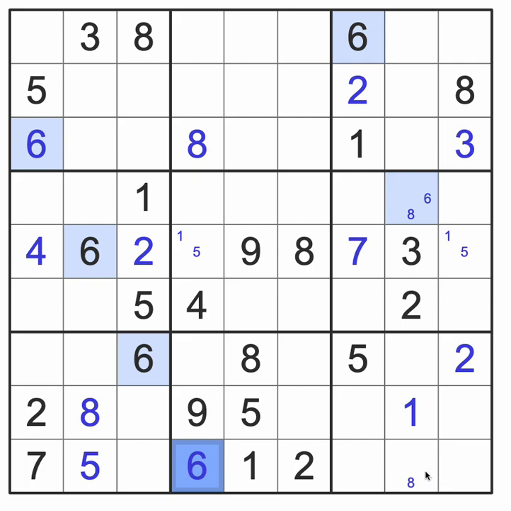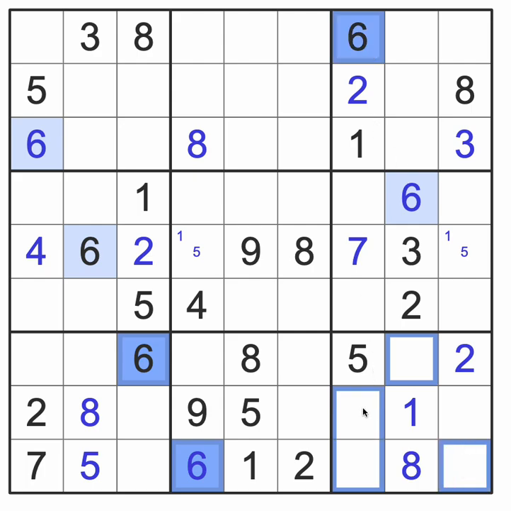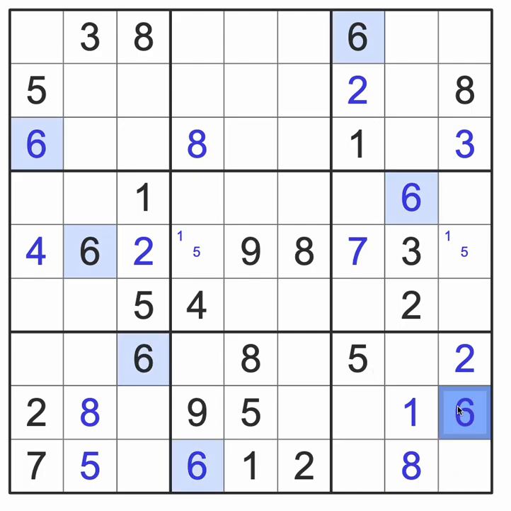And that gives me 8 here and 6 here. And 6 and 6 block these. This 6 blocks here. So this will be 6. Okay, 3, 4, 8, 9.